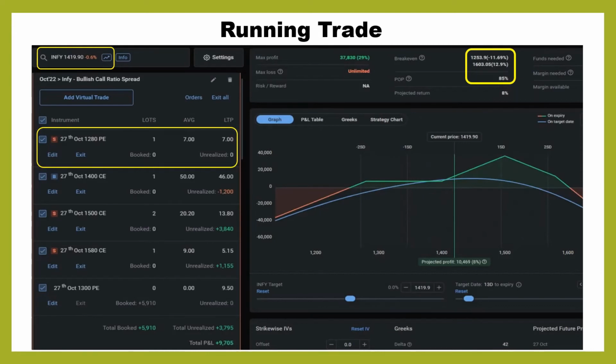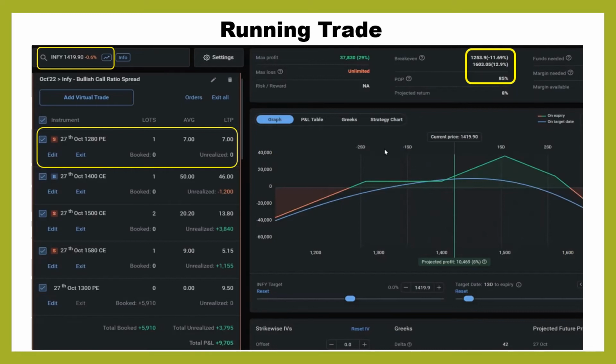So 1250 downside and 1600 upside. Infosys has been around 1400, meaning about 200 points upside range and 150 points downside range. You are getting a 350-point range, right? Do you see the beauty of the strategy? You are getting 350 points.